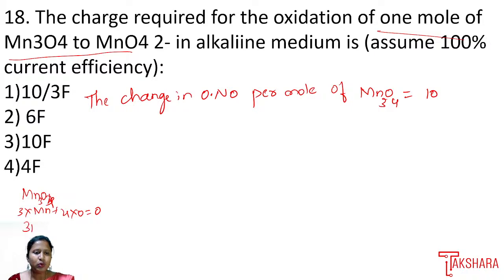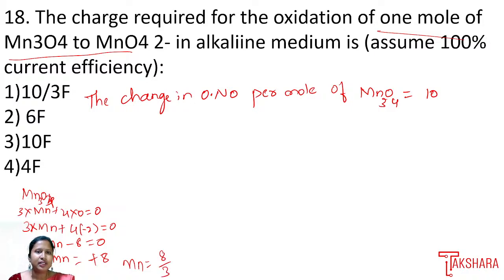So 3 into Mn plus 4 into minus 2 is equal to 0. So 3 Mn minus 8 is equal to 0. So 3 Mn is equal to plus 8, so Mn is equal to 8 by 3.